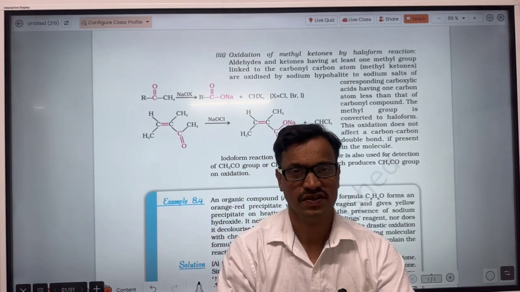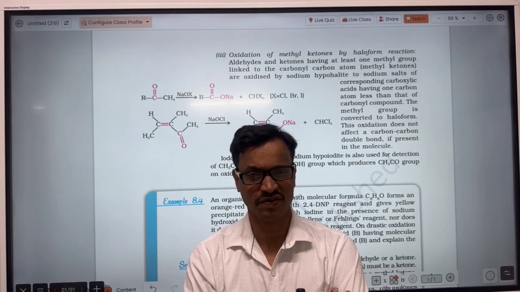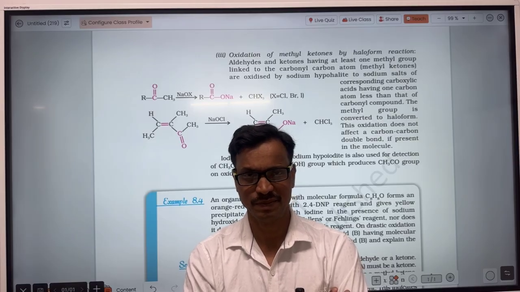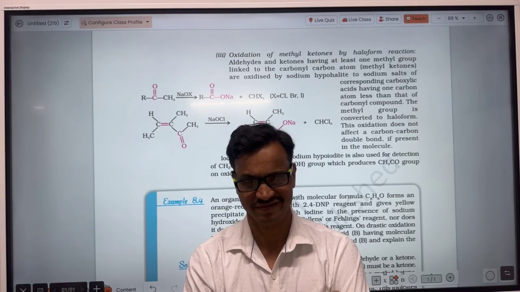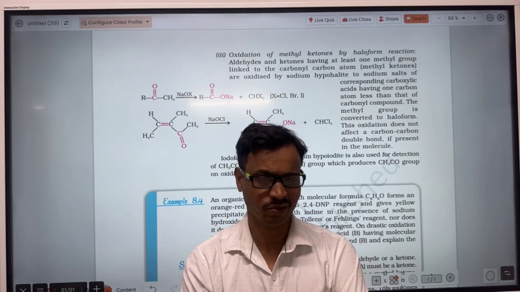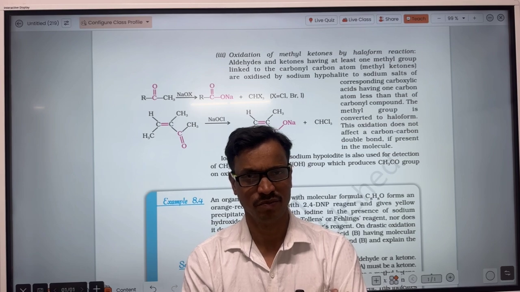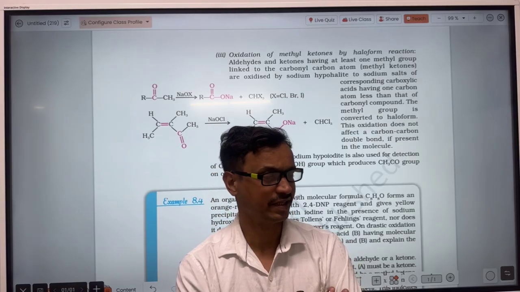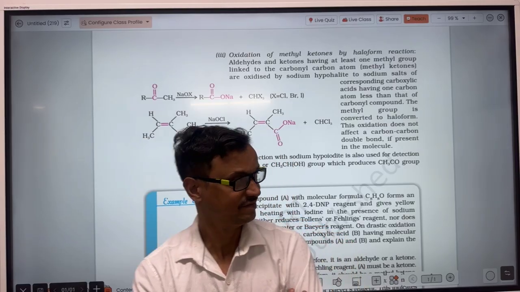That means those compounds will show the haloform test in which there is a methyl group bonded to the carbonyl carbon. In other words, those aldehydes or ketones will perform the haloform test in which there is a methyl group bonded to the carbonyl carbon. Particularly, the haloform test we hear about most frequently is the iodoform test.